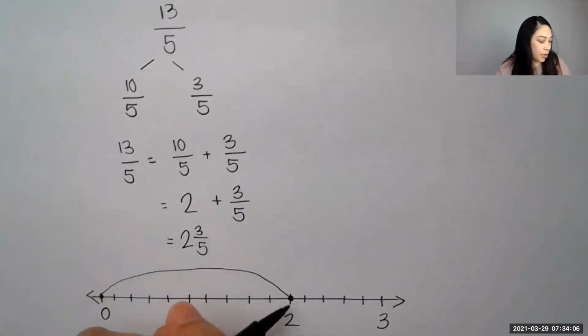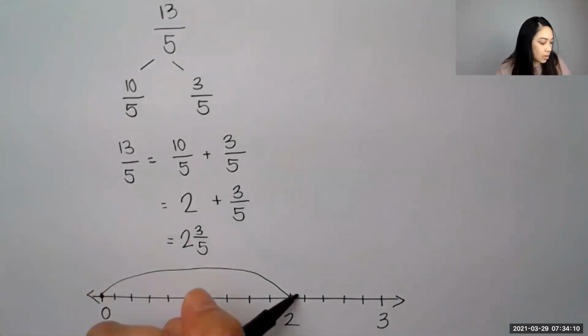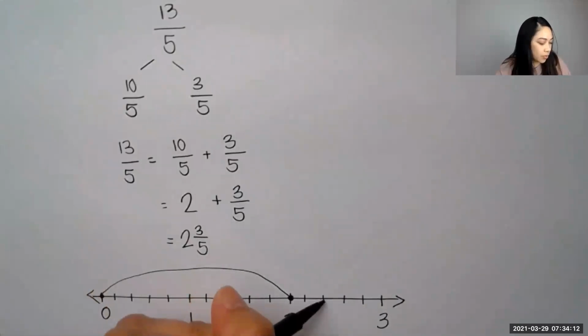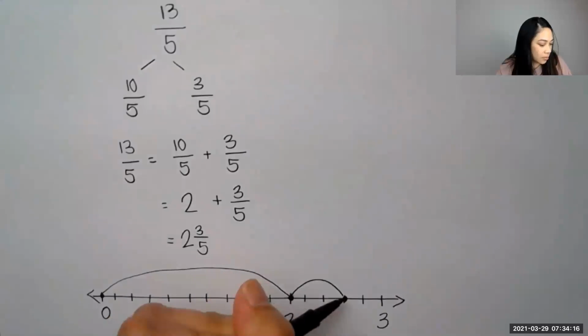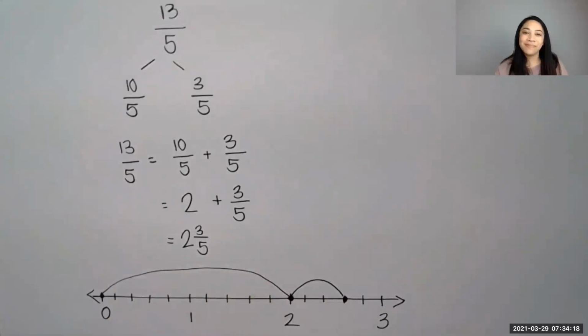So from 10/5 or 2, we'll add 3/5, 1/5, 2/5, 3/5. So 13/5 equals 2 and 3/5.